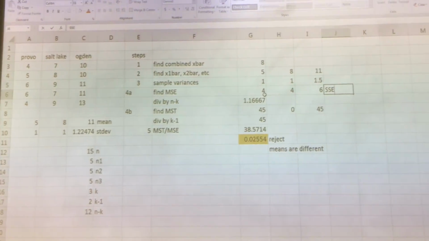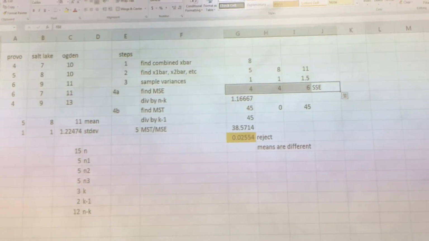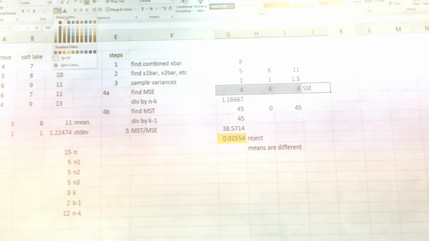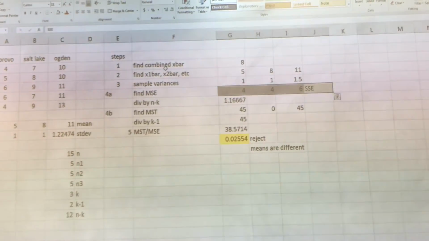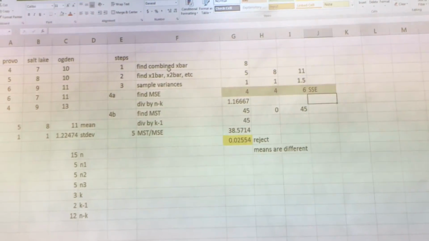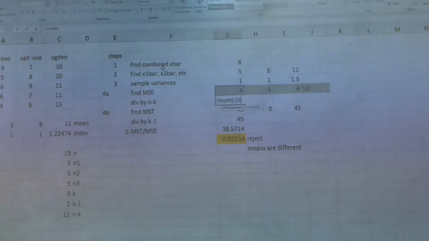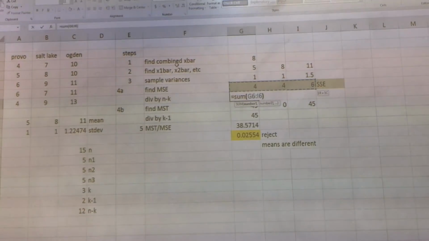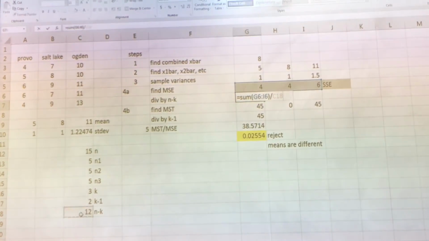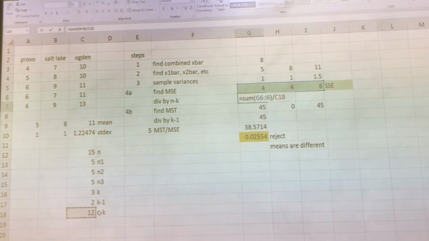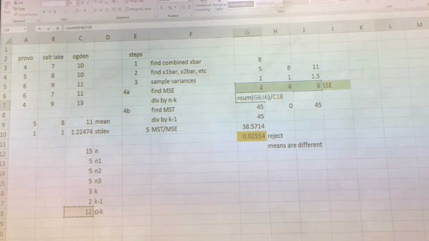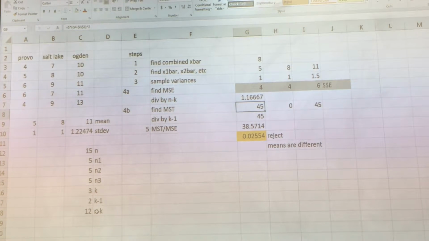Now to find my MSE, I'm going to take the sum of this previous line and divide it by my N minus K, which happens to be 12. That gives me a value of 1.666666.